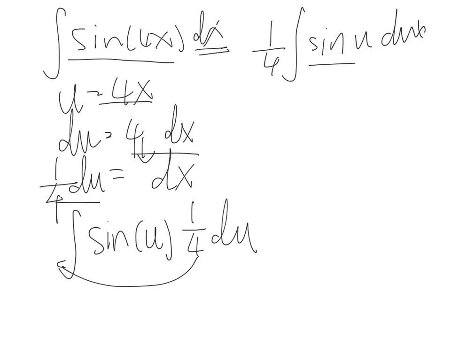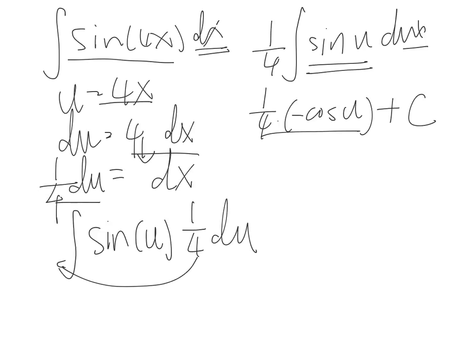What's the antiderivative of sine? It is negative cosine. Therefore, we get 1/4 times negative cosine u plus c.